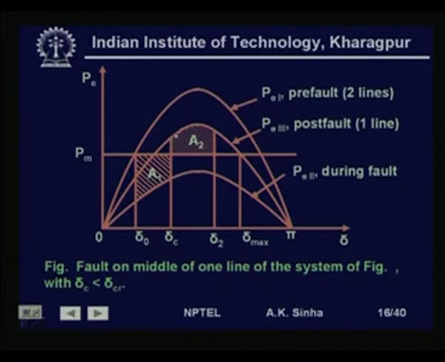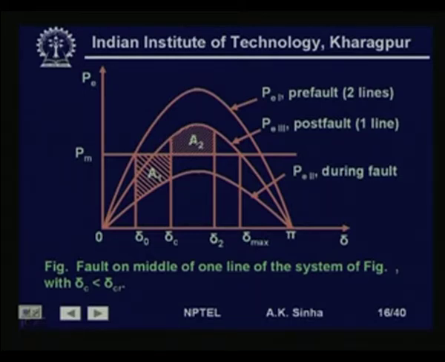So, we have deceleration. Of course, rotor angle will keep on increasing till the speed, because of deceleration, reaches back to the synchronous speed, which happens say at this point delta 2. So, we will get the decelerating area, which will be between this P m and the post fault curve here, A2.